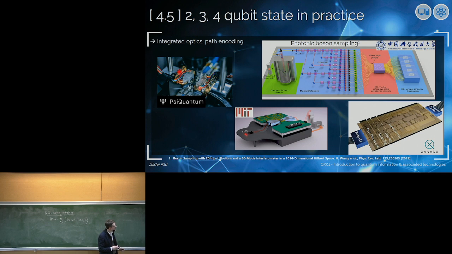And what you have here is basically some integrated optics, where rather than having these slits here, which is not very useful, you can have an optical chip where you have all these possibilities, all these paths.